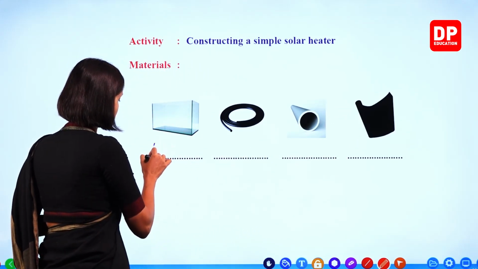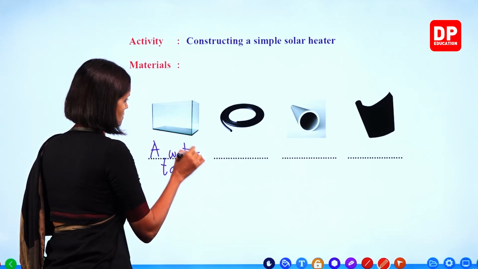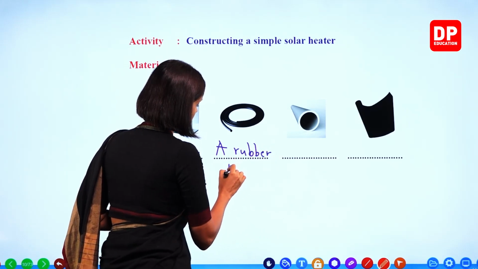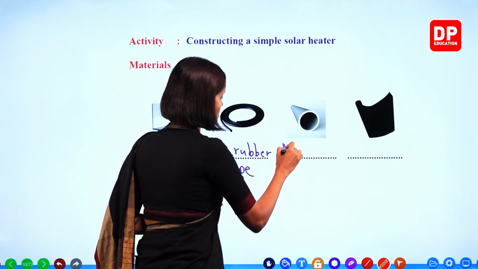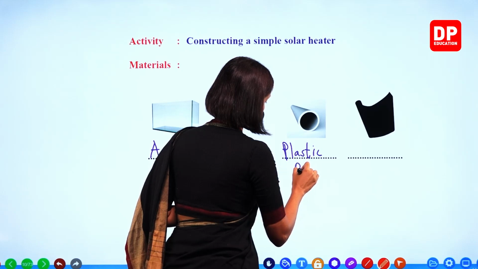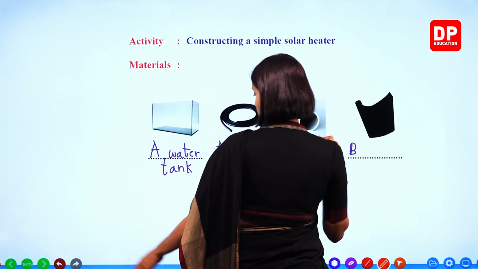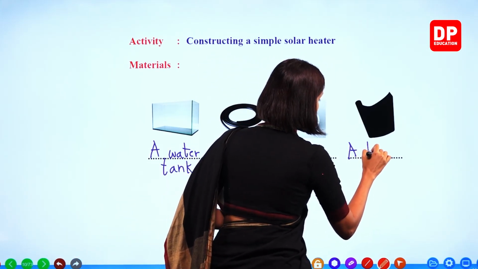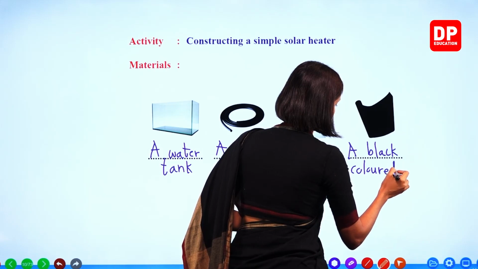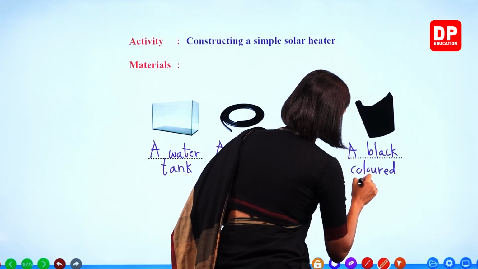Right, we will write: water tank, rubber pipe, plastic pipe pieces, and a black colored coverlet.